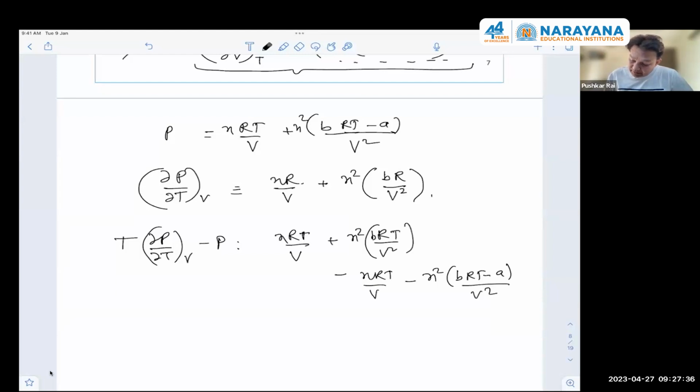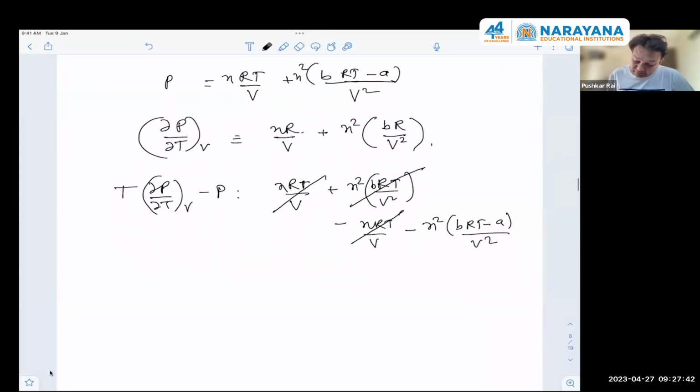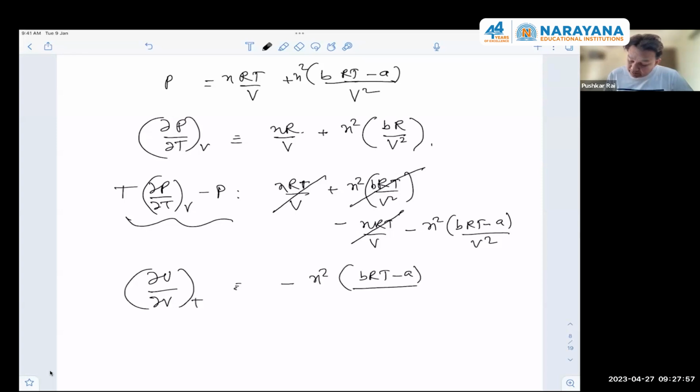So we can see that this term is also going to cancel. This term is also going to cancel. So we are left with what? This quantity, which is del U by del V at constant T becomes what? Minus n square bRT minus a by V square.